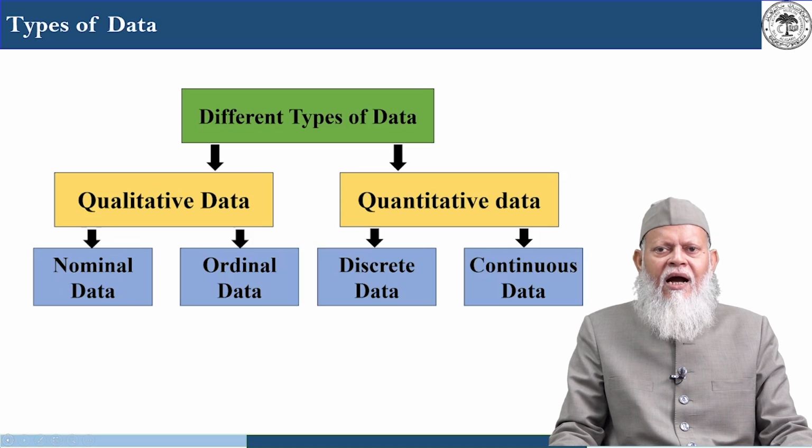Income, height, length, all these can be expressed in decimal terms. So, I am sure I have been able to clear the concepts of all our students about data and different types of data. Thank you very much.